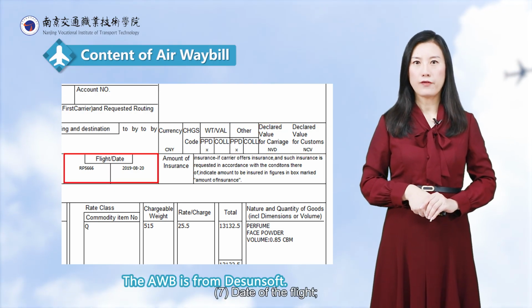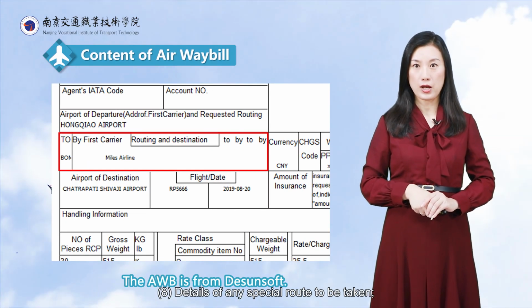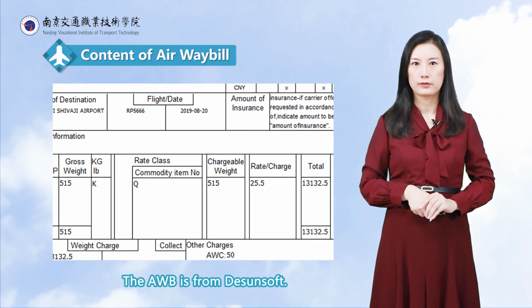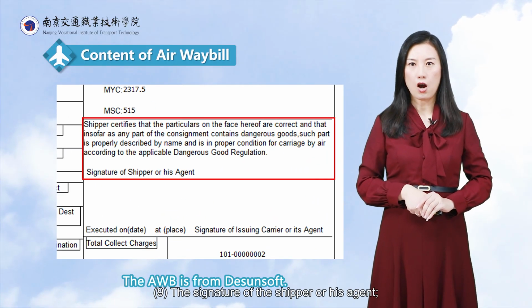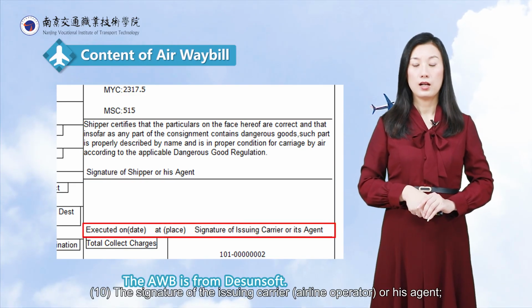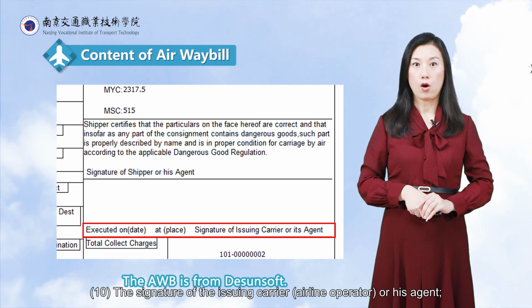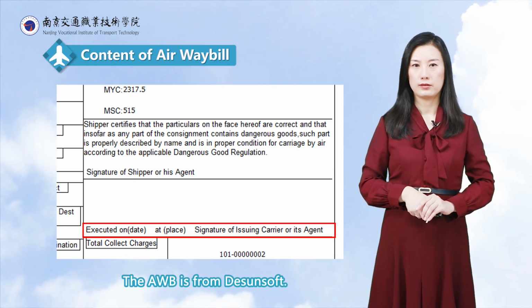Then, date of flight, and the details of any special route to be taken. The signature of shipper and his agent, and the signature of the issuing carrier, airline operator, or his agent.